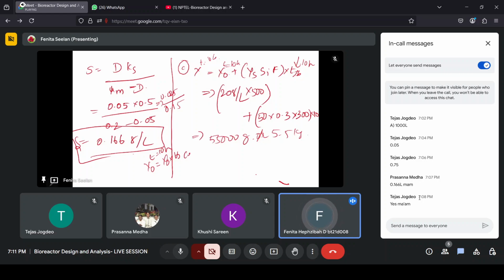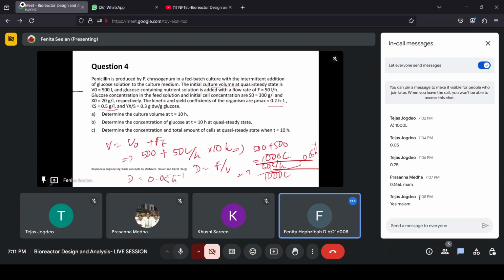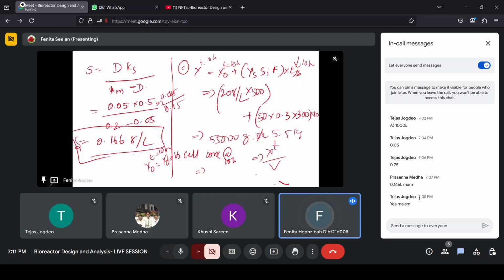So now you need cell concentration. They have asked both. Cell concentration at 10 hours is your X divided by the volume. The volume at the end of 10 hours, which we calculated previously, is 1000 liter. So to calculate the cell concentration at the 10th hour, you divide the total amount of cell produced at 10 hours by the volume of the medium present at 10 hours, which is 1000 liters.